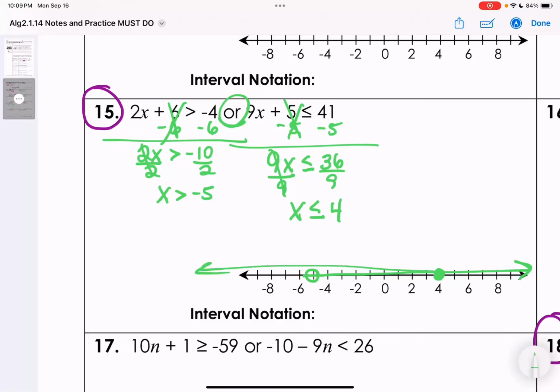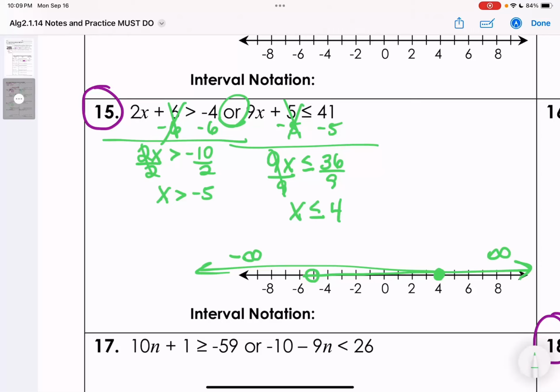So we have negative infinity on this side, but it doesn't stop anywhere, really. With both of these being or, we graph them on the same number line, and it actually includes all of it because it's all covered in green. So we've got negative infinity to positive infinity.